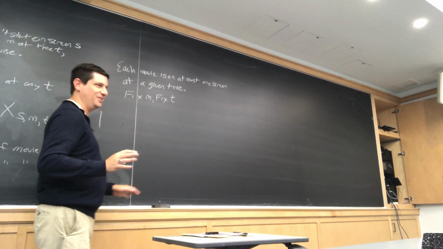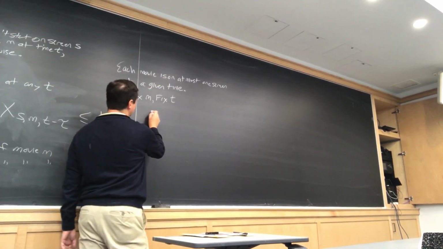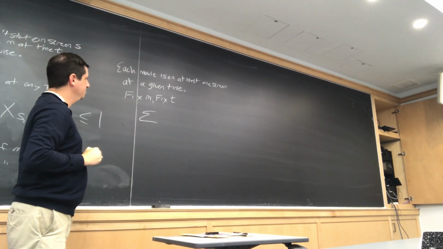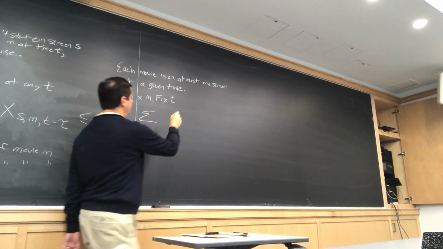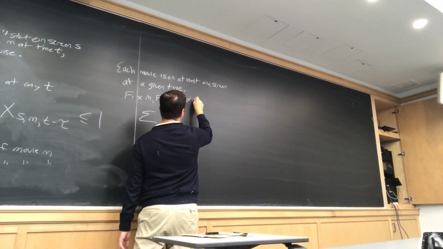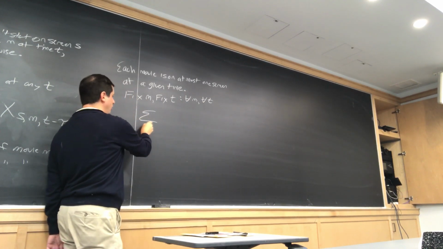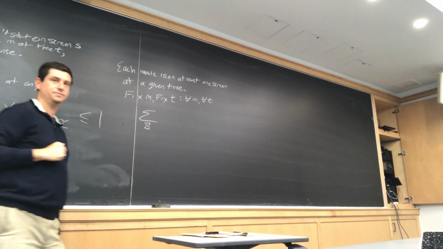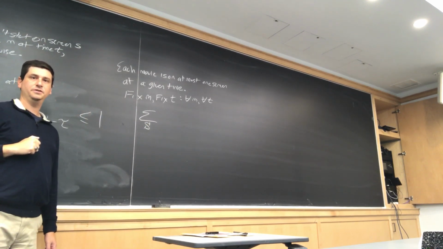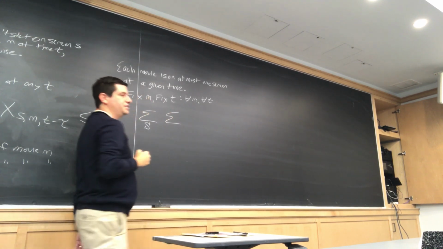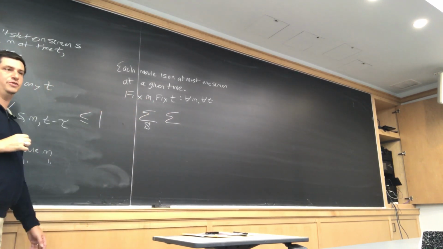So we would have a sum over what? So this is going to be for all M, for all T, we sum over all the screens, right? And then we want to make sure that we don't have the same movie on multiple screens.